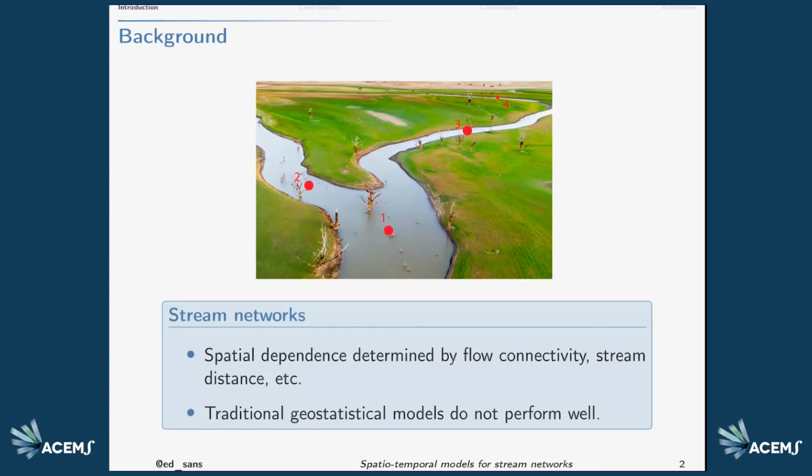In this figure, what we observe in, for example, location 1, is closely related to what we measure in locations 2, 3, and possibly 4. Therefore, for modeling in branching networks, we have to account for spatial dependence using stream distance, but also using flow connectivity.